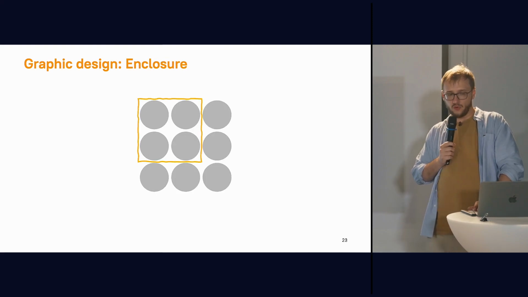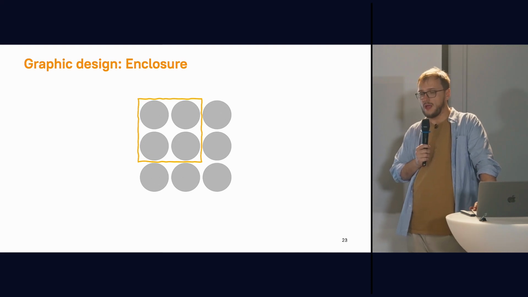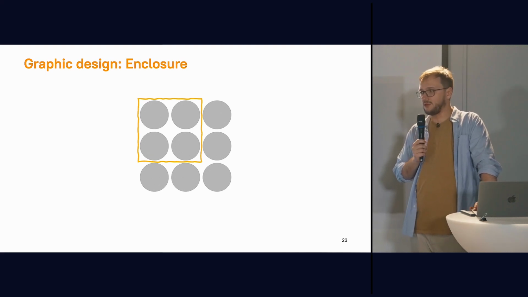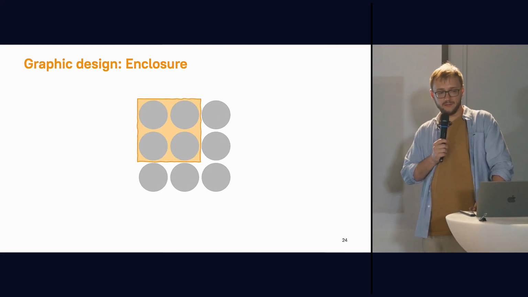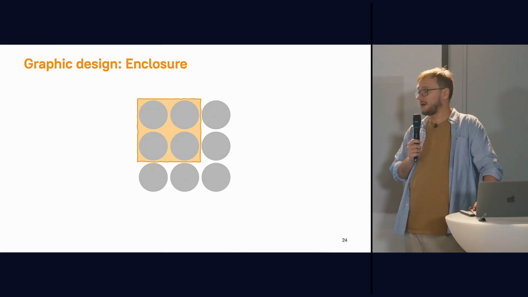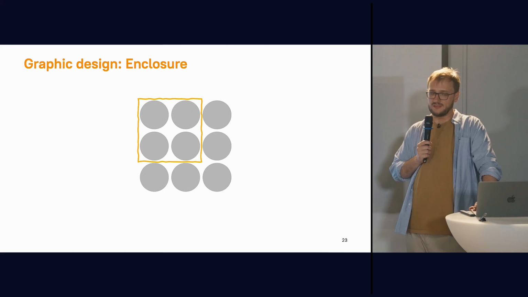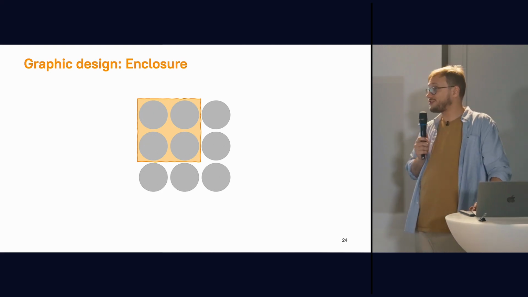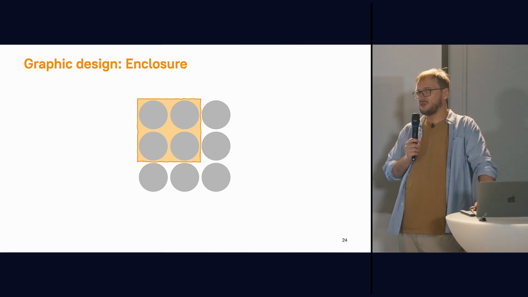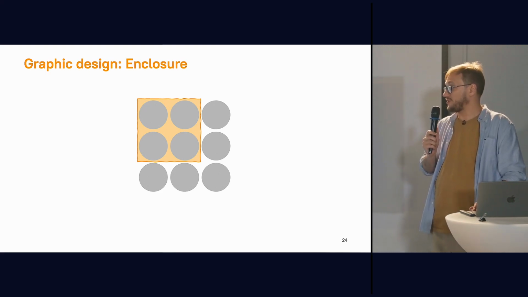The second rule, quite similar to the proximity rule, is the enclosure rule. If we enclose something in a border, or place it on a panel, then these 4 circles seem different. They are not the same anymore. Unfortunately, not only analysts but all people struggle with this rule because they use it a lot.